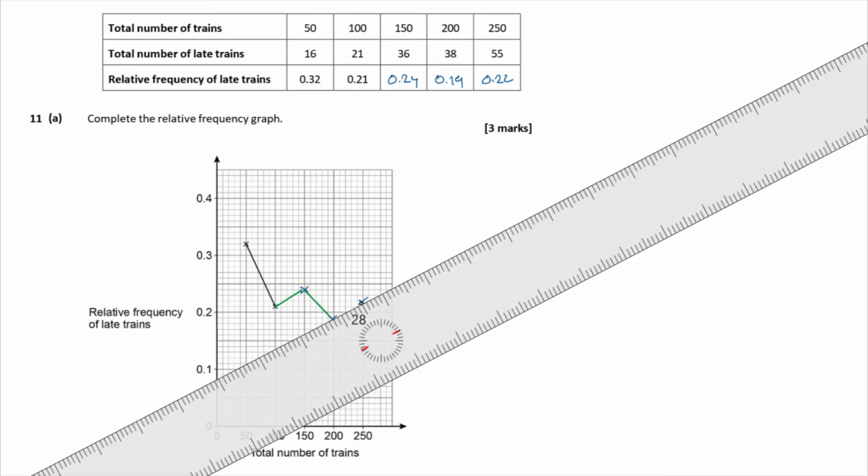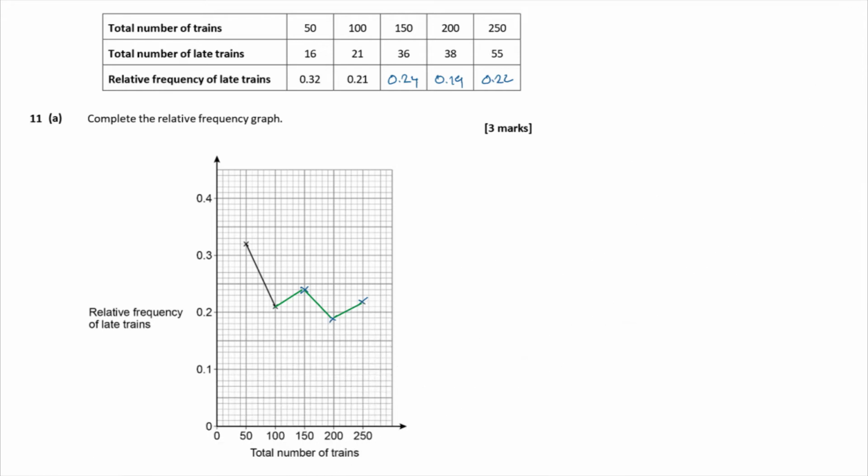Because the more trials you have, the more data points you've got and the more accurate your result is going to be. Okay, so I would say the earlier trials are more inaccurate, and the last one there, that 250, is the most accurate relative frequency you have from the data, because it involves the most data points.